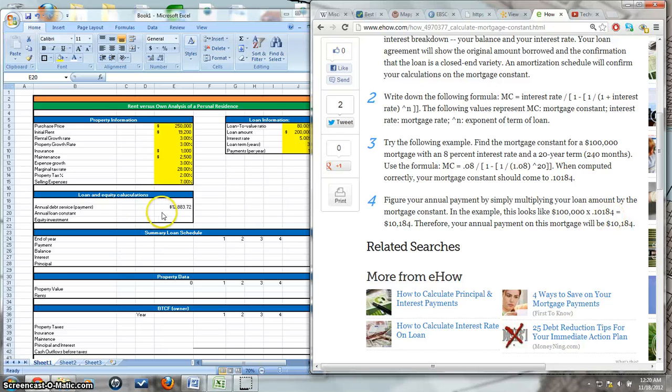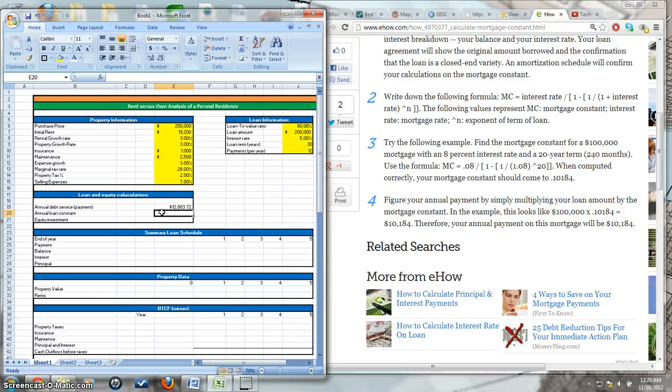So instead of trying to do some complicated function, simply equals the annual debt service divided by your loan amount. And voila, the annual loan constant. This is one of those values I'm going to go ahead and have to 6 or 5 decimal places.